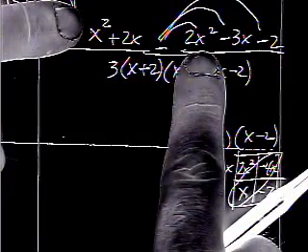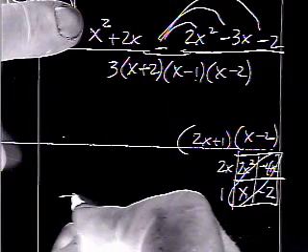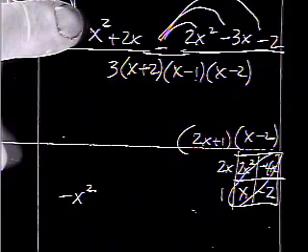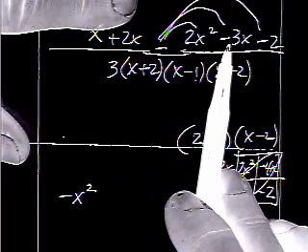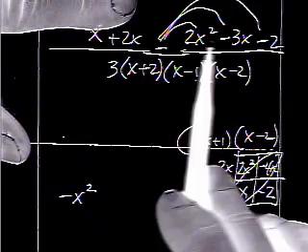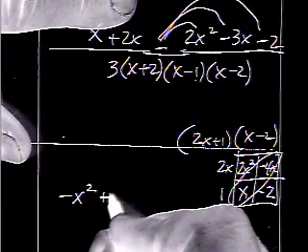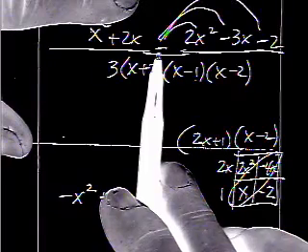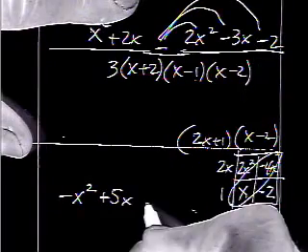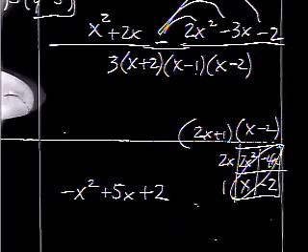X squared minus 2x squared, that makes negative x squared. We have 2x minus negative 3x, that becomes plus 3x or 5x. And then this negative also has to be distributed to the negative 2 down there, making a positive 2.